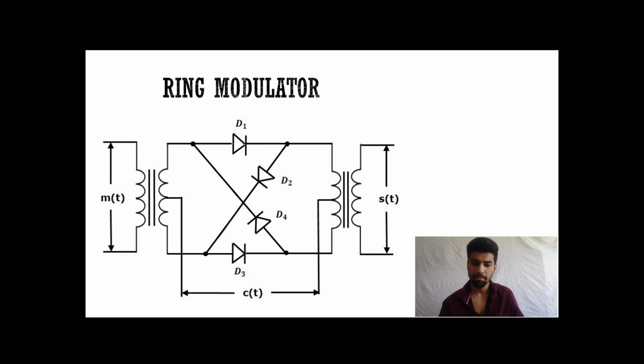So the direction of current will be from D1 to center tap and D3 to center tap. These are both of the same magnitude but opposite in direction. So this will cancel out each other and the result will be 0. That is, the carrier is suppressed. We gave c(t) as a carrier, but at the resultant output we get 0. So it means the carrier is suppressed.